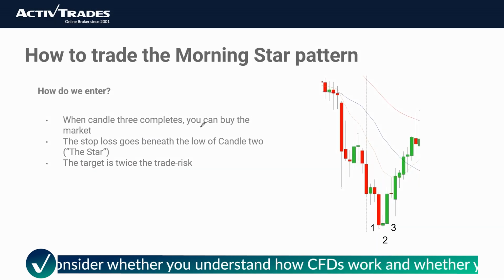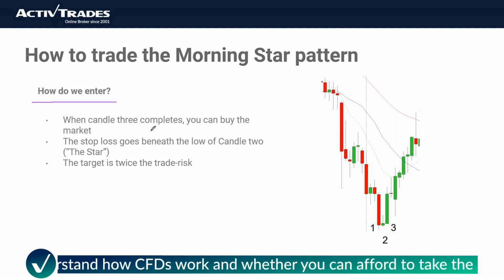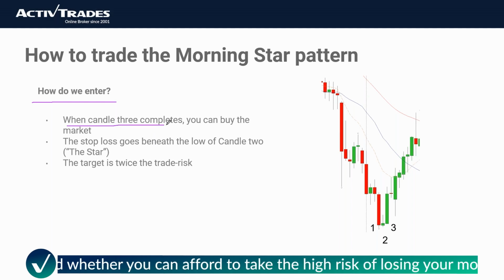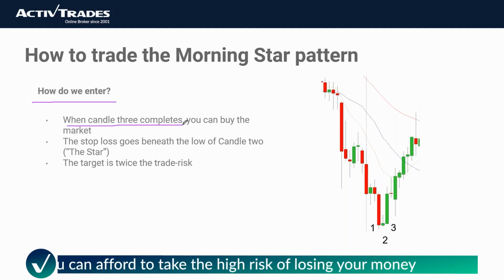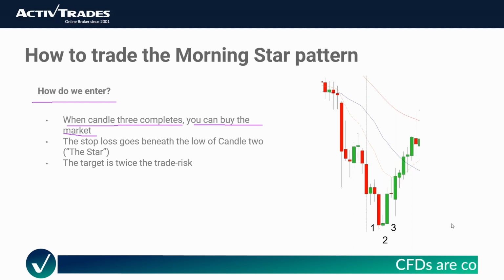So, of course, the important thing we want to know is, how do we enter? Well, the simplest way to trade it is when candle 3 completes, which on a morning star is the bullish candle, you can buy that market. The most simple, basic, standard way to enter is that once candle 3 completes, you can buy the market.